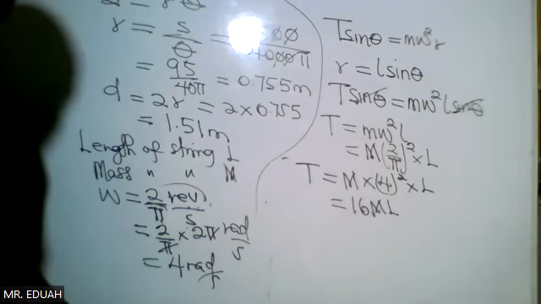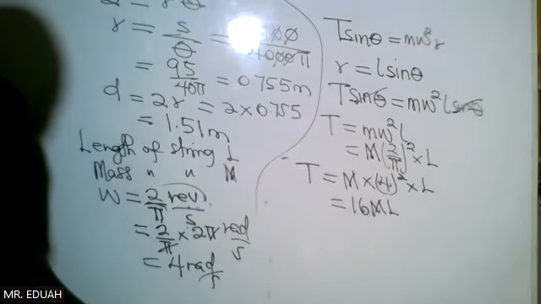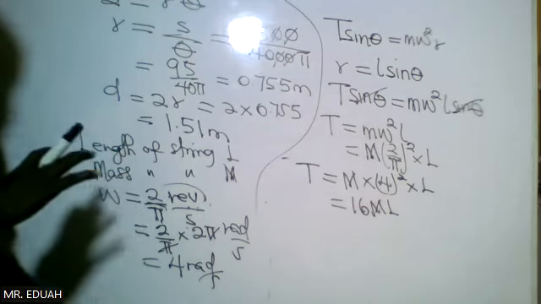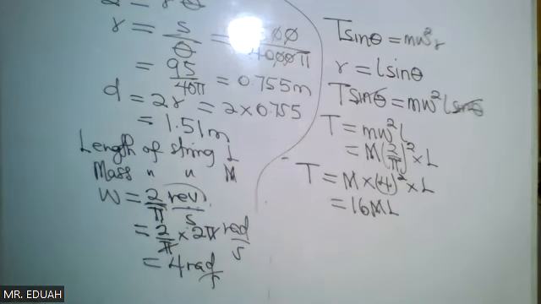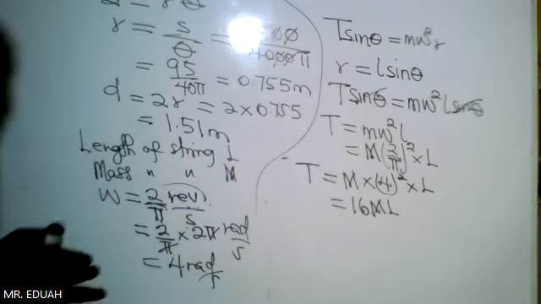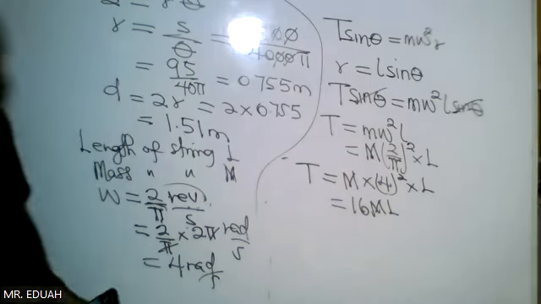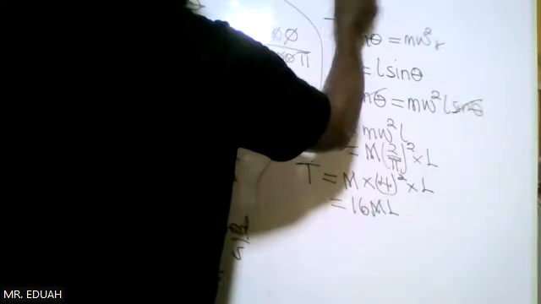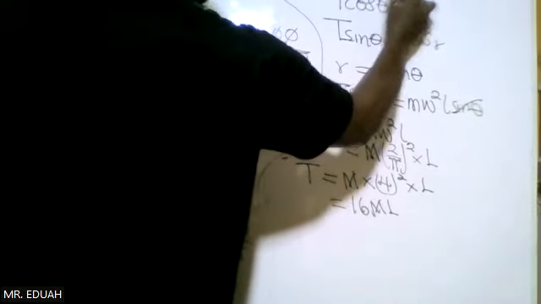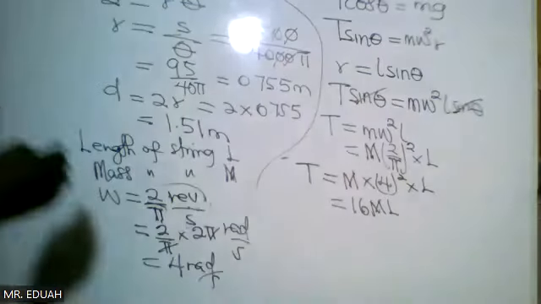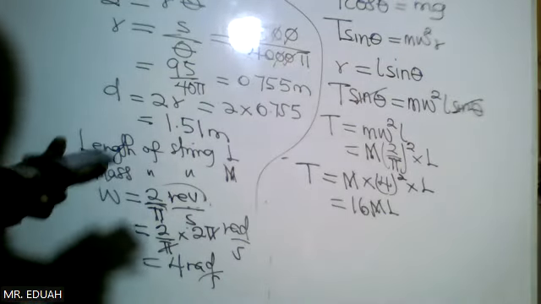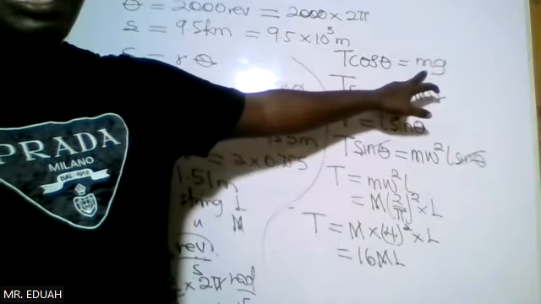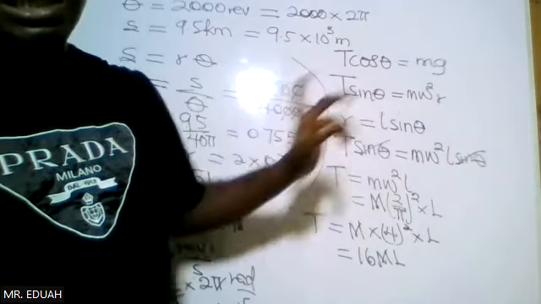Please, are we okay? Class, are you fine with the solution? Yes, please. So it's a step-by-step thing. And over here, I didn't equate T cos theta to mg because this has nothing to do with angular velocity.